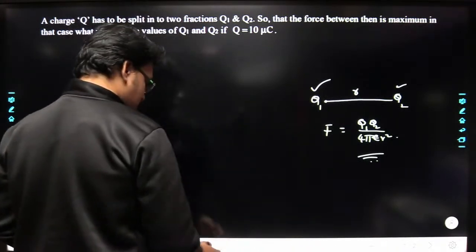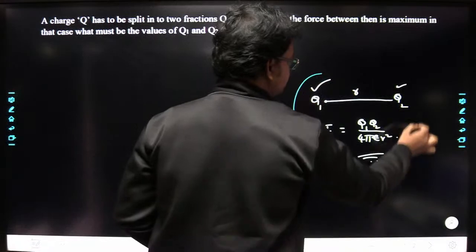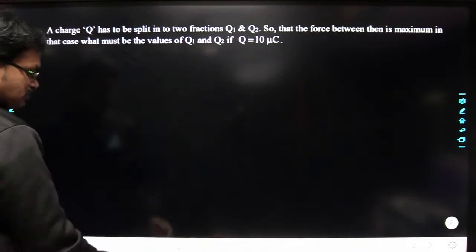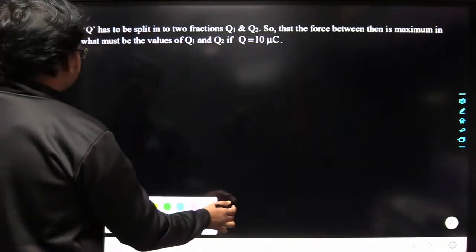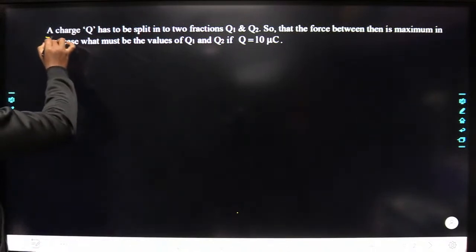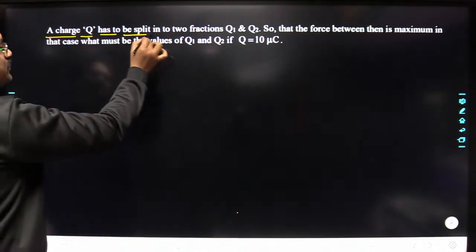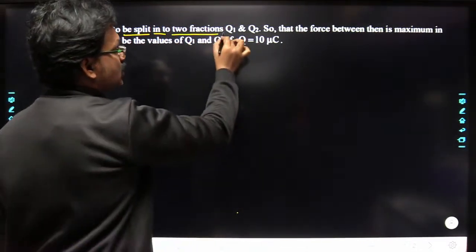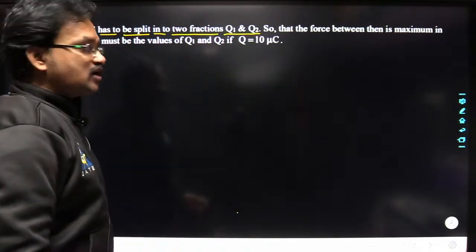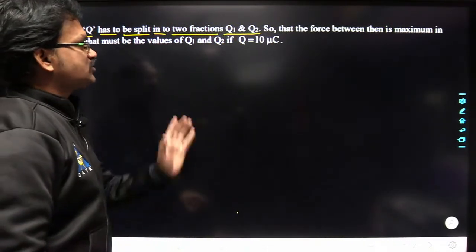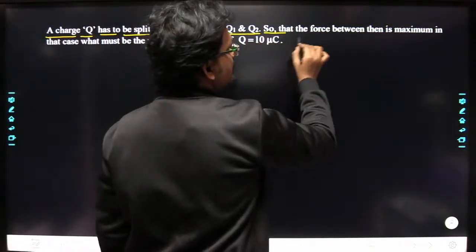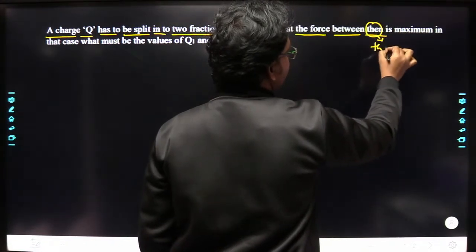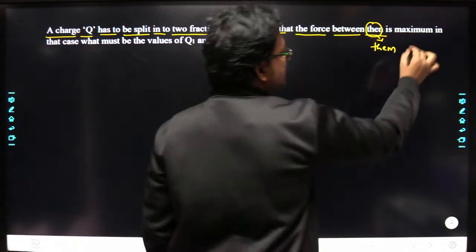So let's start this problem here. What is the question they are asking? A charge Q is to be split into two fractions, Q1 and Q2, so that the force between them is maximum.